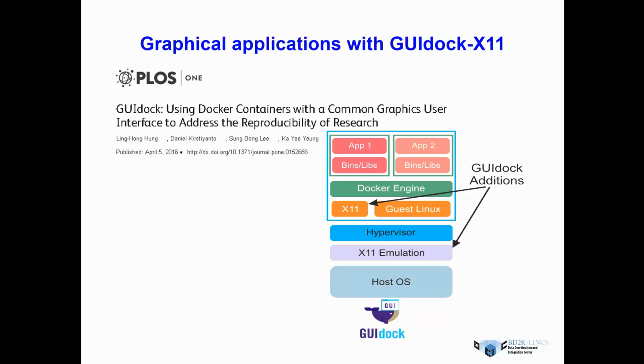So one of the things that we looked into was to provide a minimum set of software dependencies so we could export graphics. And it turns out this is a paper that came out in April in PLOS One. All we have to do is add an X11 server inside the container.